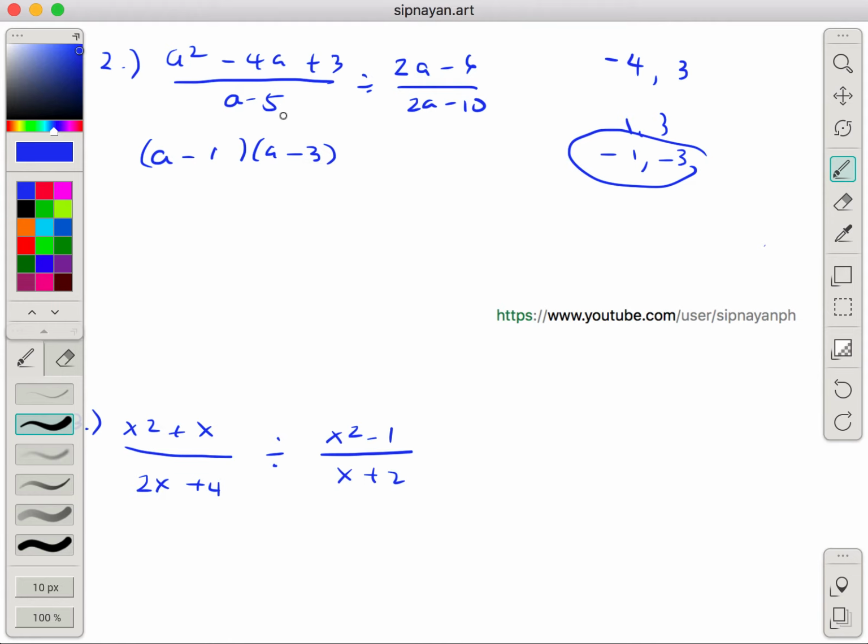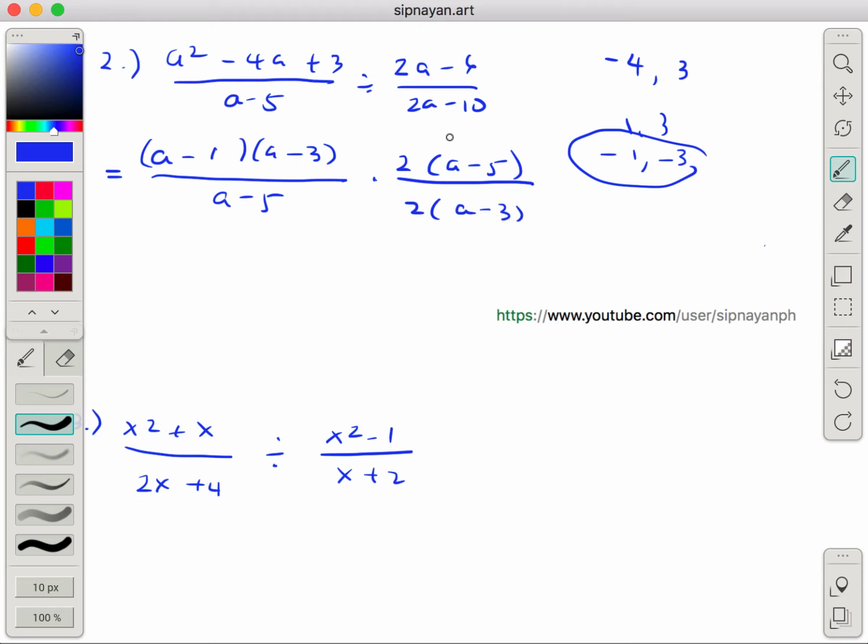Yung ating numerator. Sa denominator, we have a minus 5. Tapos ito, babalik rin natin. 2a minus 10 can be factored as 2 times quantity a minus 5. And then yung sa baba, or denominator natin, can be factored as 2 times quantity a minus 3.